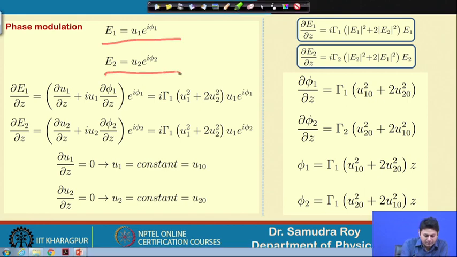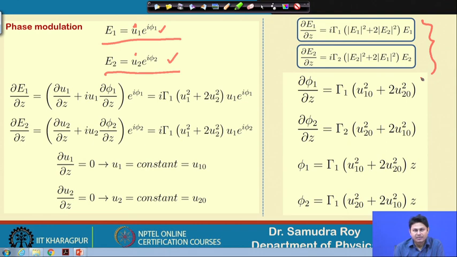Well, once we divide the complex amplitude into two parts, the real amplitude and the phase part, we are supposed to have two equations in our hand when we apply these two electric fields to our coupled equation. So, on the right hand side, if you look in the boxes, we have our equations.